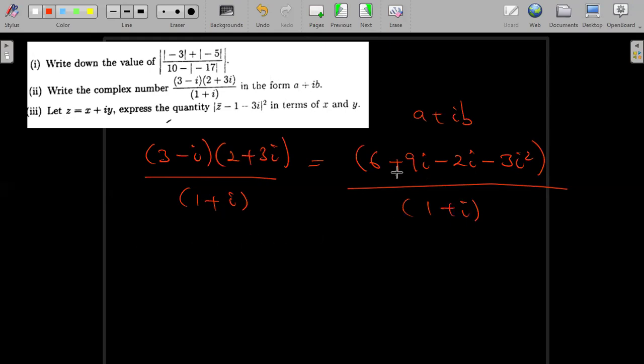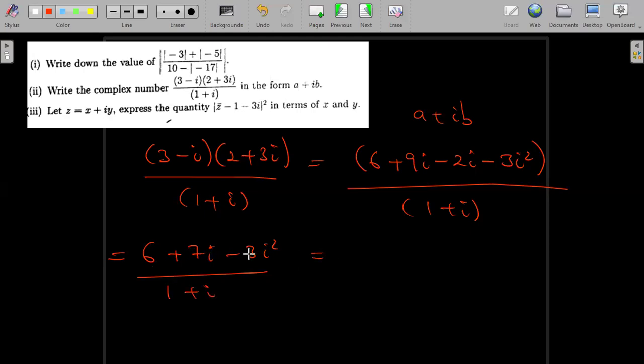Even if I remove the brackets, it still remains the same. So the top gives me 6, 9i minus 2i gives 7, so plus 7i, then minus 3i squared. Then down there is 1 plus i.